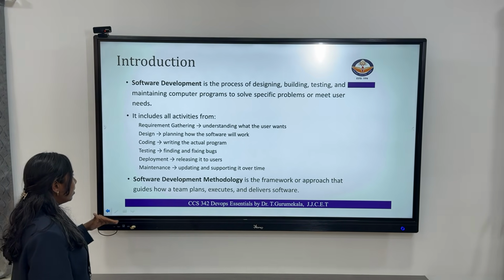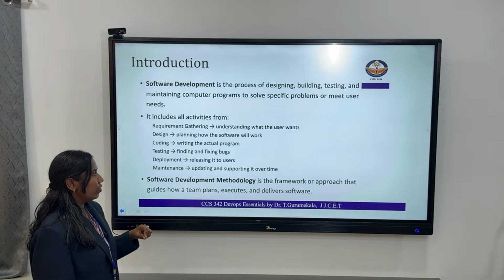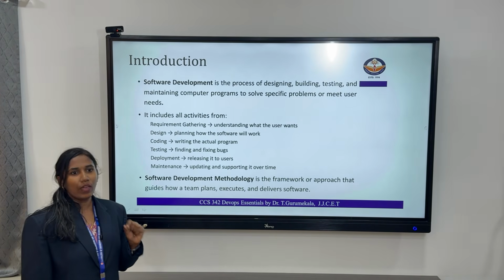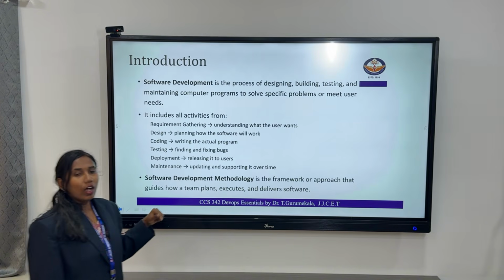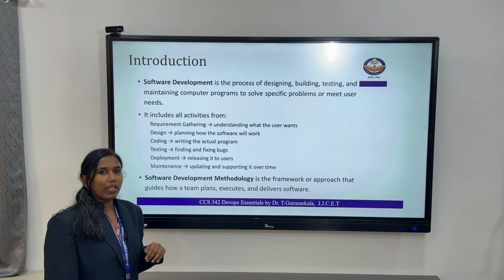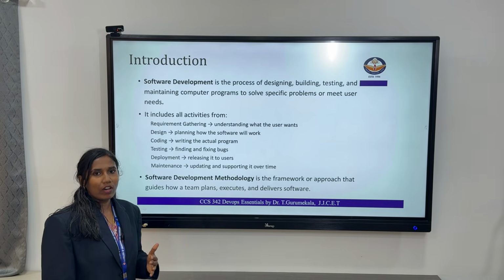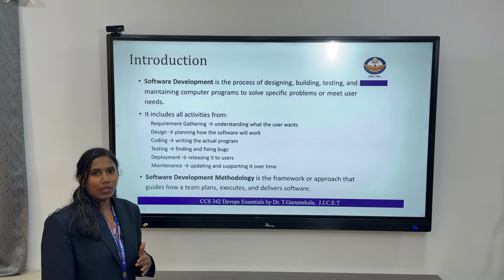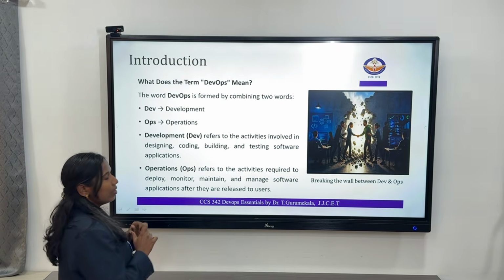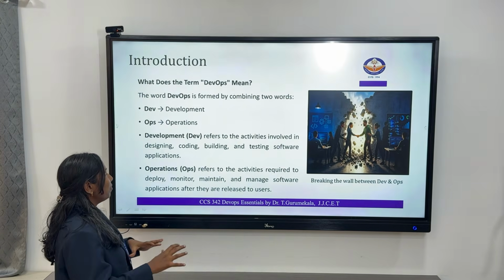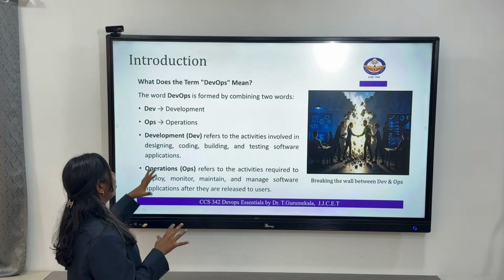Coming to software development methodology, it is a framework that tells the way these teams should work so that the company is able to deliver high quality software in alignment with the customer requirements. Coming to DevOps, this single word has been framed from two words, development and operations.